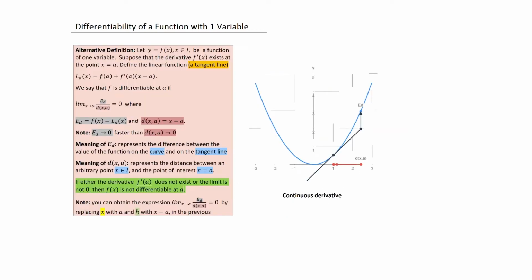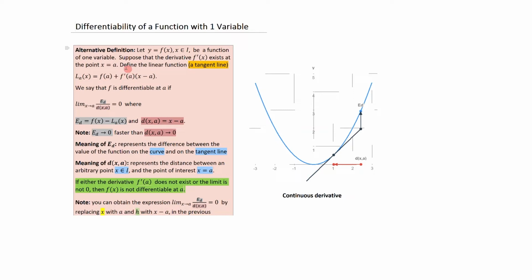All right, so now we're looking at the alternative approach for the definition of differentiability, invoking a geometric principle. And so let's basically see how we state this one. First of all, we'll let y equals f of x, where x is an element over a certain interval, be a function of one variable. Suppose that the derivative f prime exists at the point x equals a.